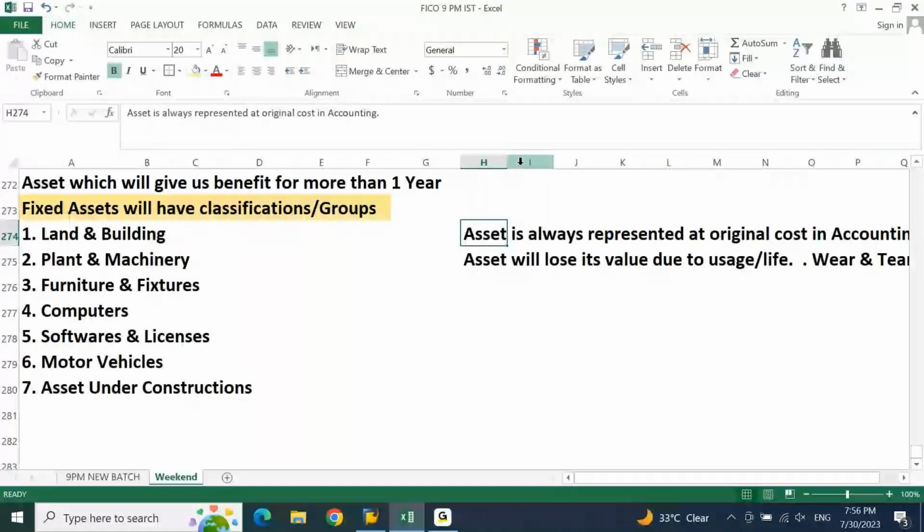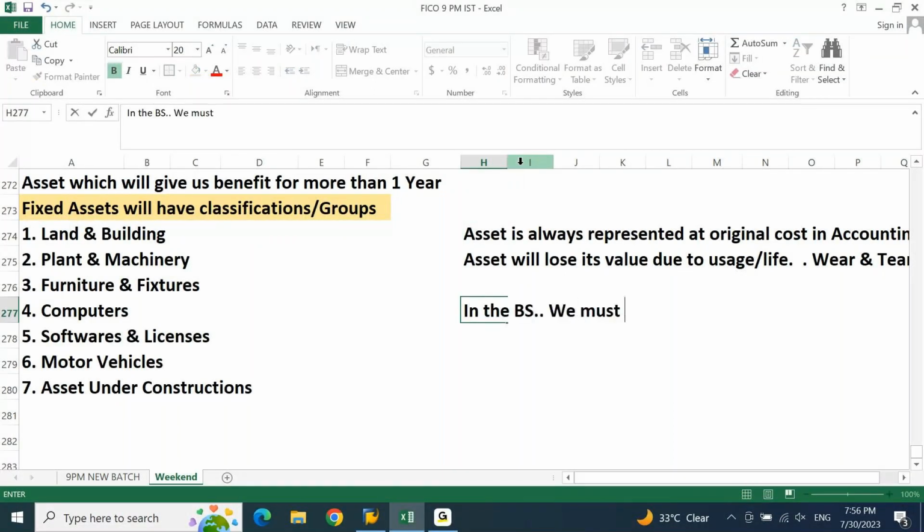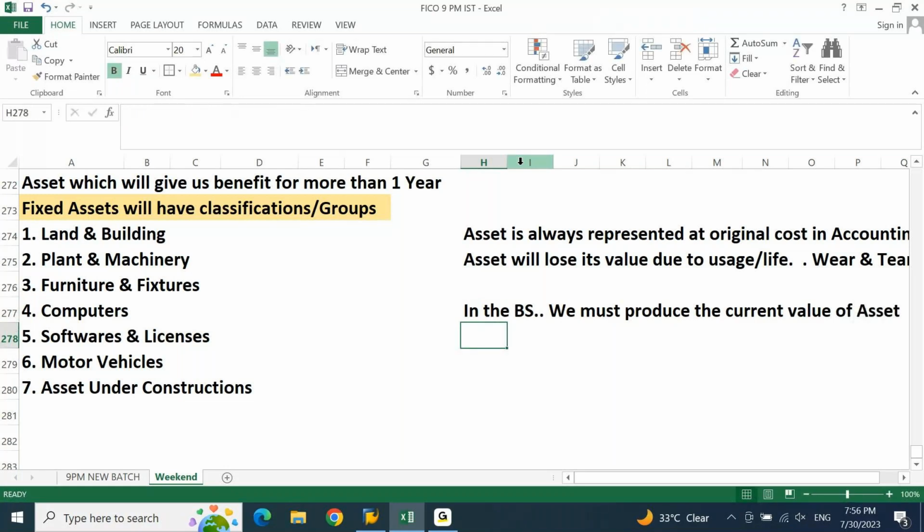Now, in the balance sheet, we must produce the current value of the asset, because we understand that an asset will lose its value due to usage and life. Every asset you are using on a daily basis, every month your asset is losing value. Correct?